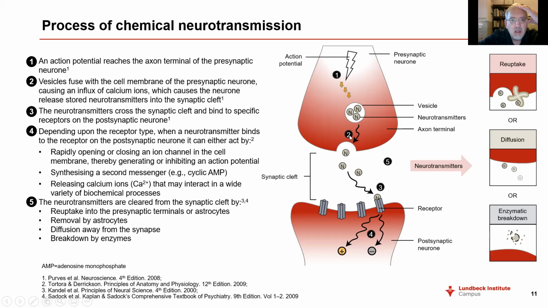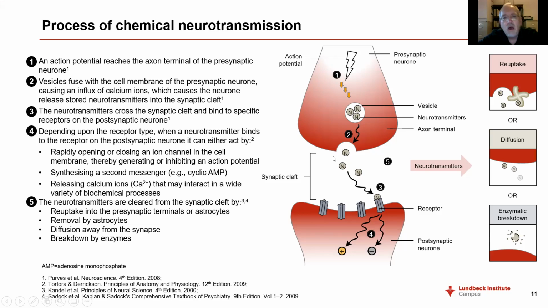When they are released, they attach to specific receptors on the postsynapse. So the calcium ions come in, they cause certain transmitters to be released, and then they cross the synaptic cleft, which is that gap.